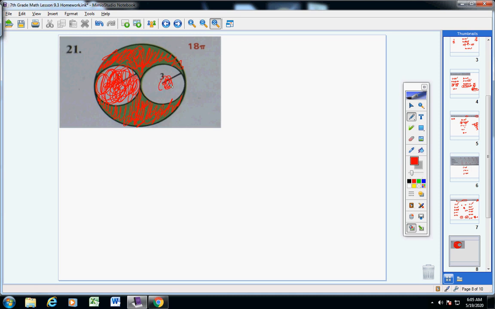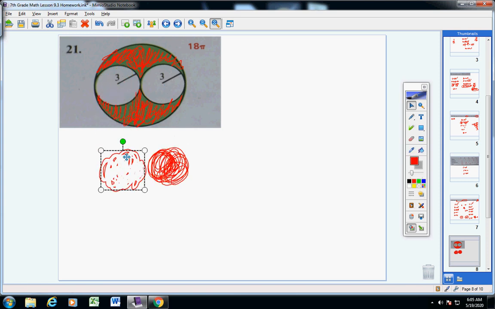Now, if I find the area of this whole big circle, and then I subtract out this area here, and I subtract out this area here, I'm left with just the shaded area.